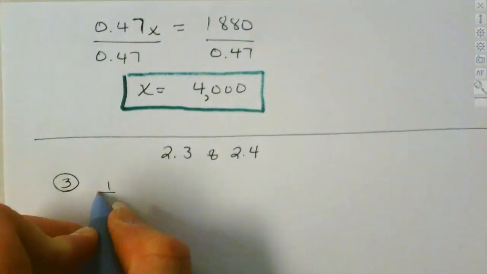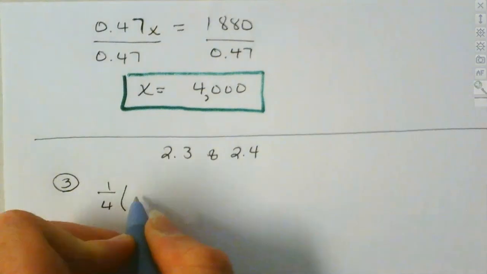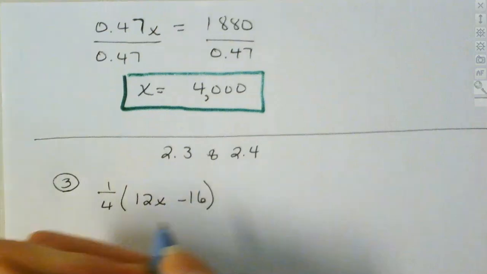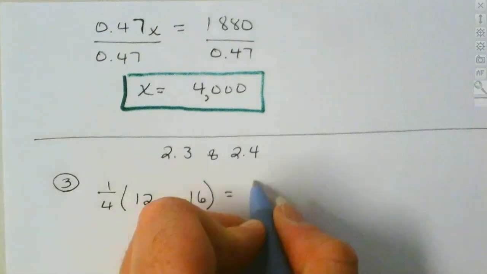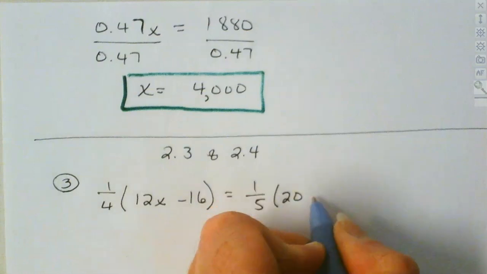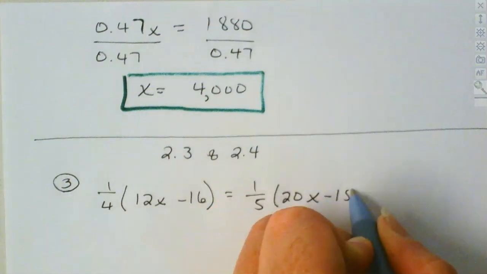And this one has fractions with parentheses. Five times 20x minus 15.